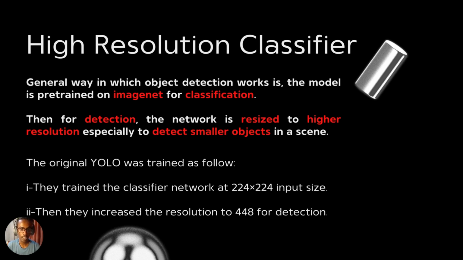Then for detection, the network is resized to a higher resolution, especially to detect smaller objects in a scene. YOLO v1 is not very good at detecting very small objects unless you use a finer grid, and the resolution of the image wasn't that high, so we could not detect smaller objects.